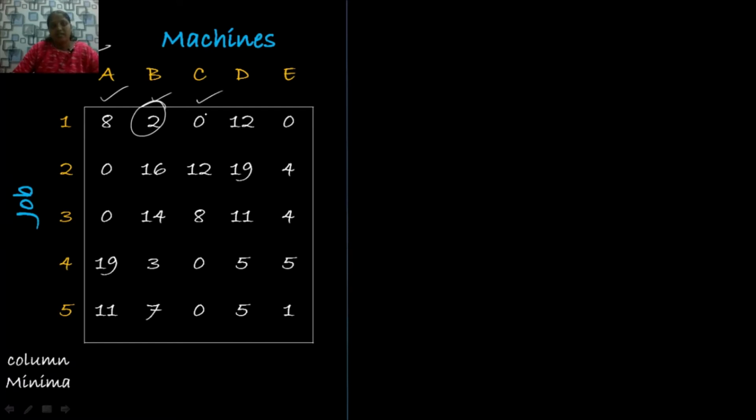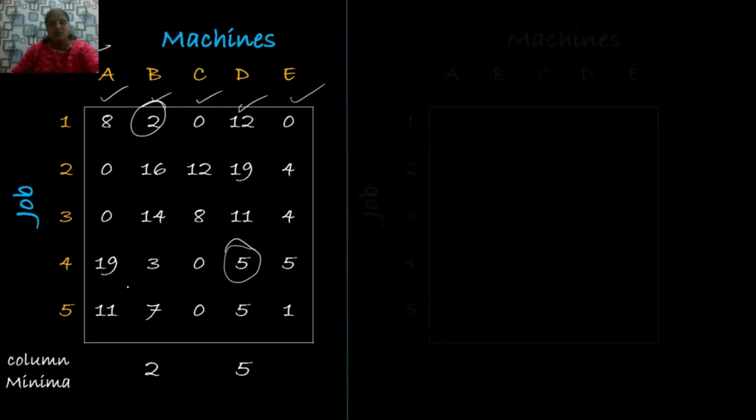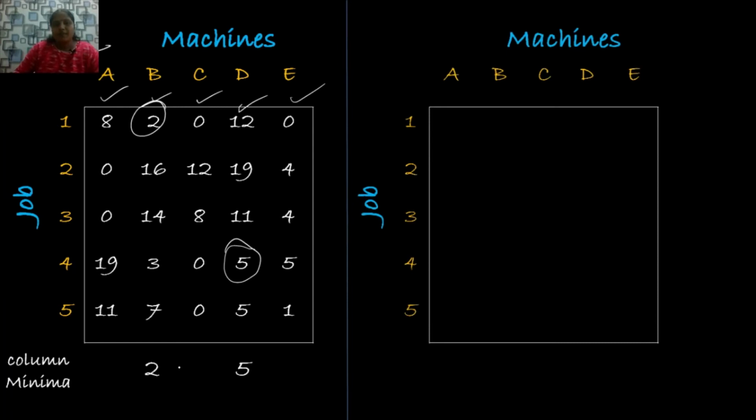Look at the third column that has 0 element. Leave this. Fourth column doesn't have 0 element, so we have to pick up the minimum element 5. And last column also has 0 element, so leave this. So we write down the column minima. So 2 and 5. We have to subtract 2 from second column elements and 5 from fourth column elements.